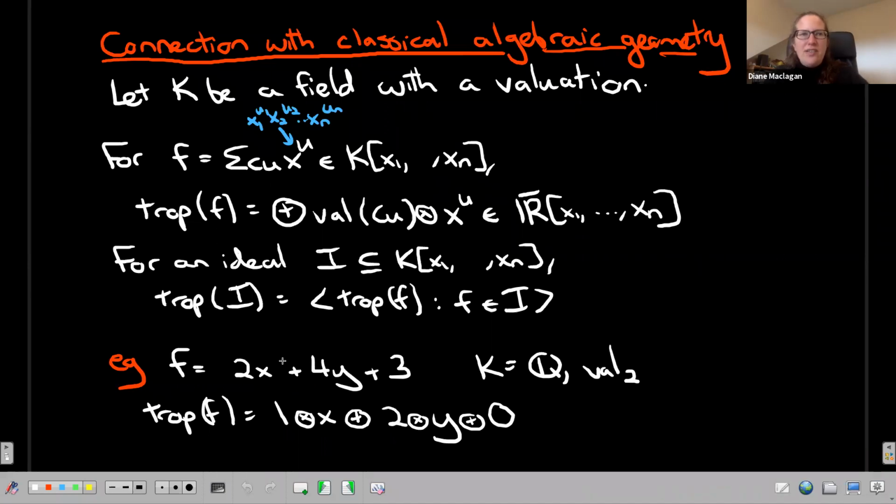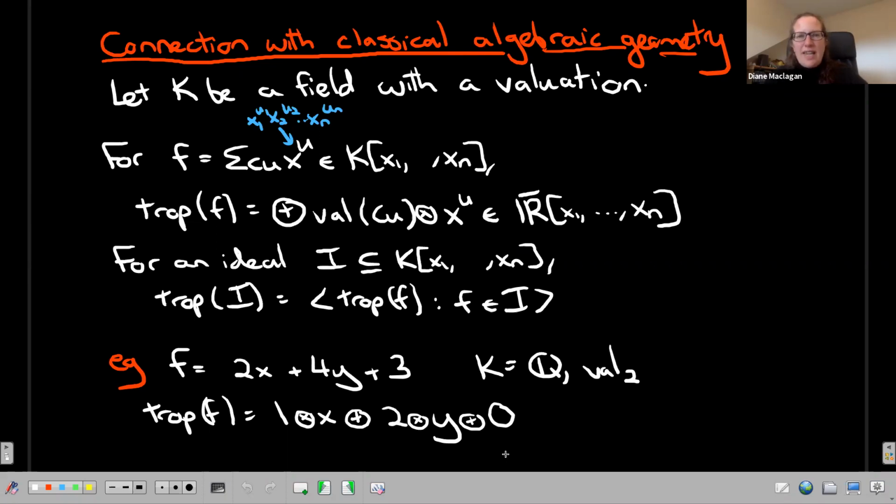So just as a concrete example, if I start with 2x plus 4y plus 3, and K is Q with the two-adic valuation, then the tropicalization of f would be: the two-adic valuation of 2 is 1, so 1 times x, plus the two-adic valuation of 4, which is 2 squared, so that's 2 times y, and then tropical plus 0, because 3 is odd, you can't pull out any powers of 2.